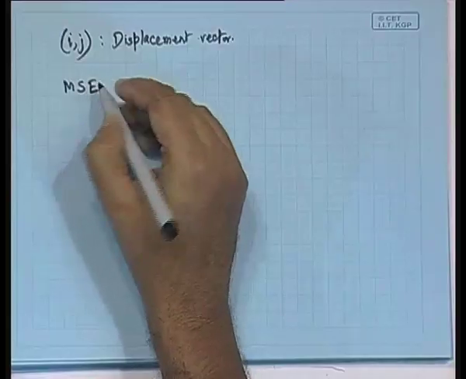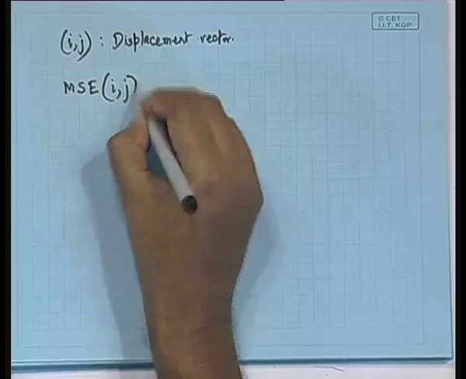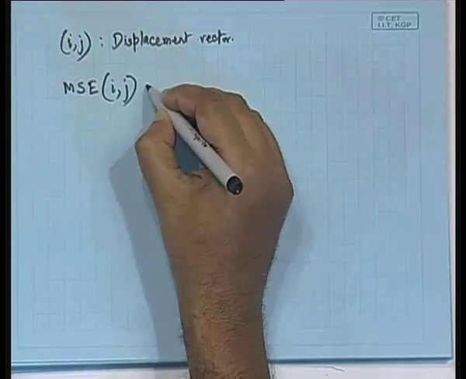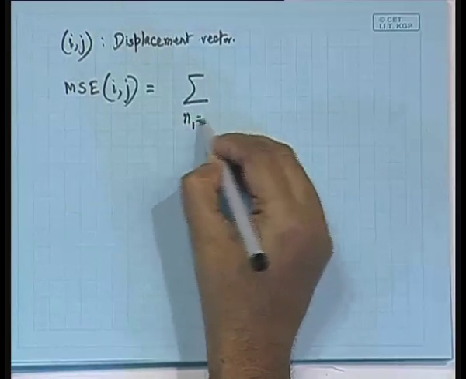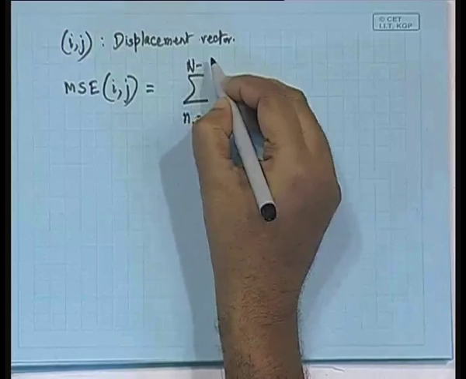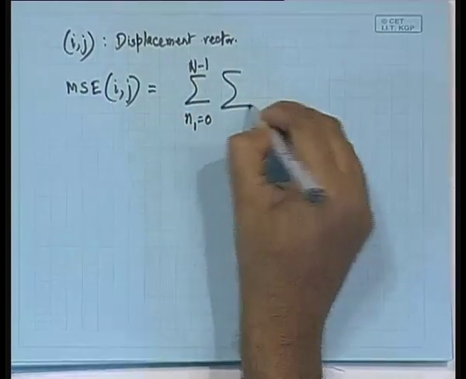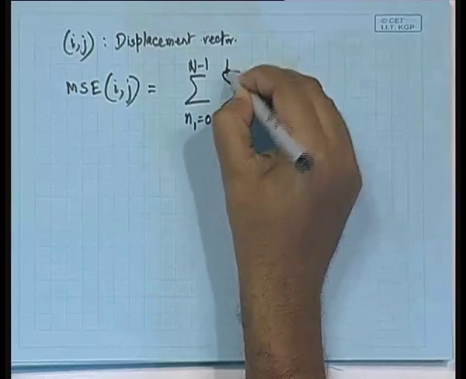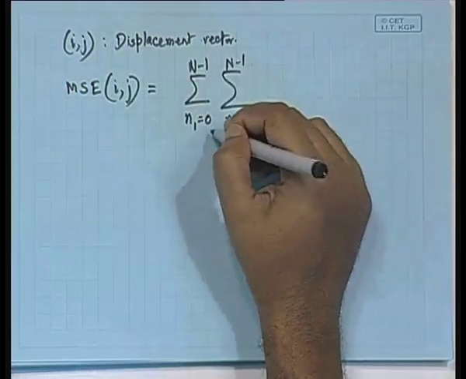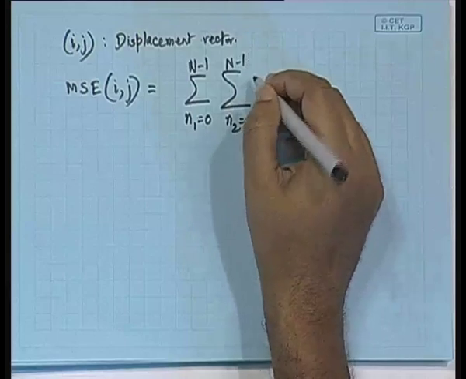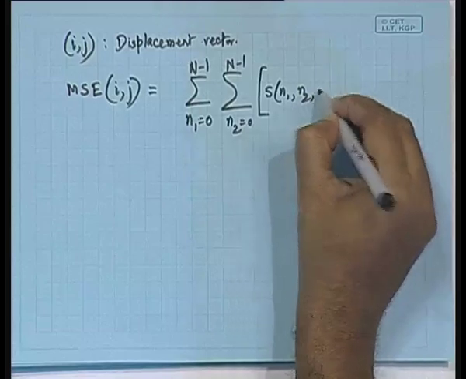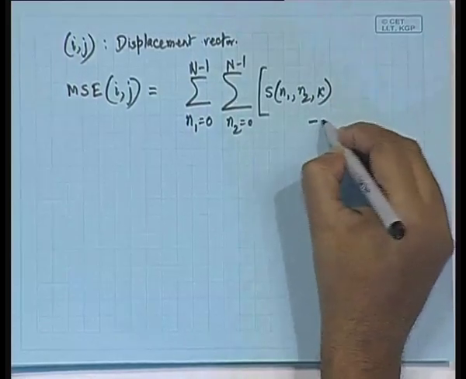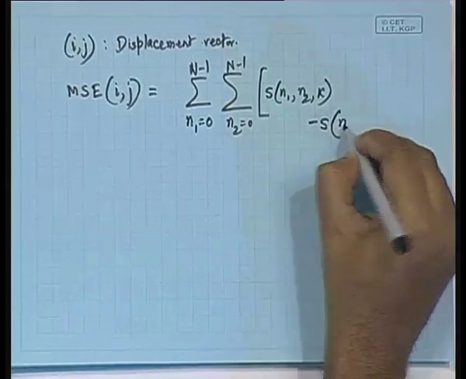So, the mean square error at the i, j displacement position should be indicated as follows: we use the two indices n1 and n2 and define it like this. Summation n1 equal to 0 to N minus 1, n2 equal to 0 to N minus 1, s of n1, n2, k minus s of n1 plus i.